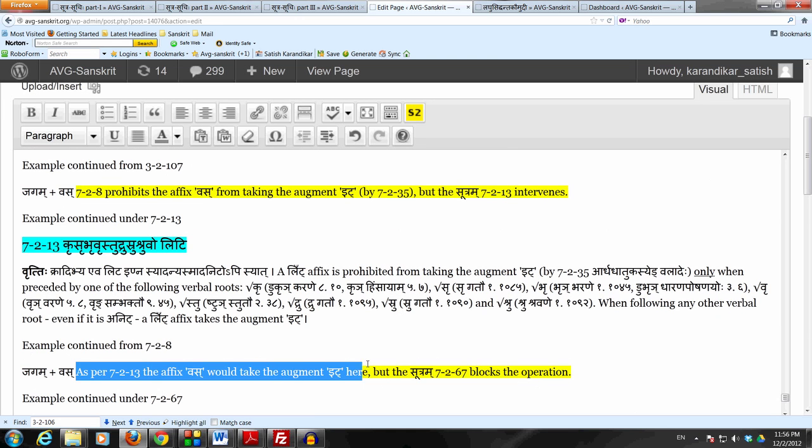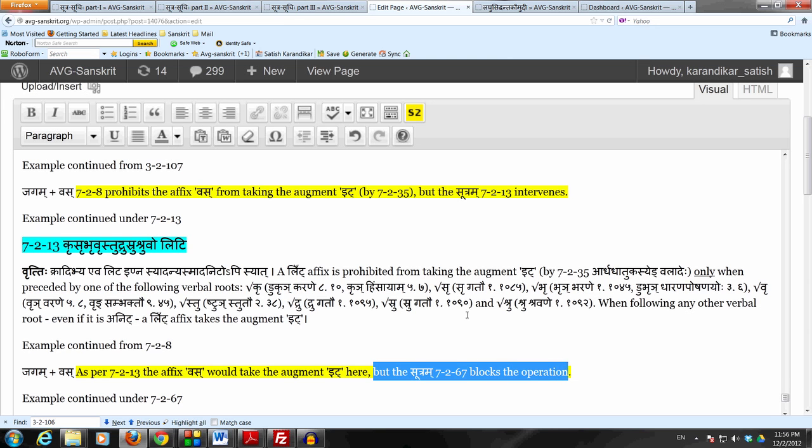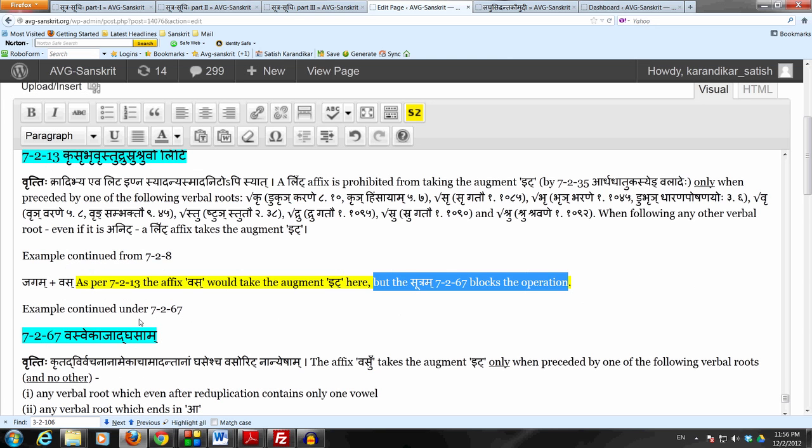But now comes an even more specific sūtram, which is 7.2.67, which blocks the augment iṭ. And why is it more specific? Because it's specific for this kvasu pratyaya. See, kvasu is an ādeśa for liṭ. So yes, liṭ is specific, but even more specific is this ādeśa kvasu itself, which comes in place of liṭ, because liṭ is a broader umbrella.